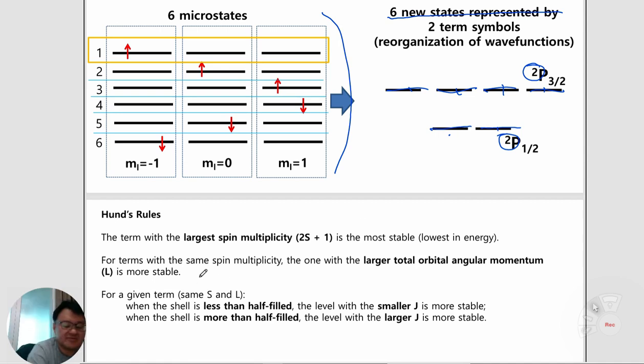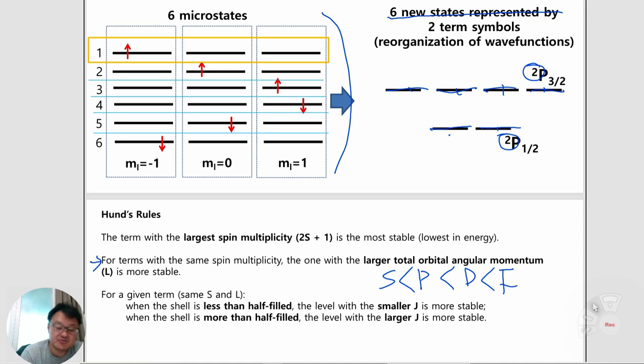The second rule is that for terms with the same spin multiplicity, the one with the larger total orbital angular momentum is more stable. So S, P, D, F corresponding to the total orbital angular momentum of 0, 1, 2, 3, the energetic stability should increase like that.